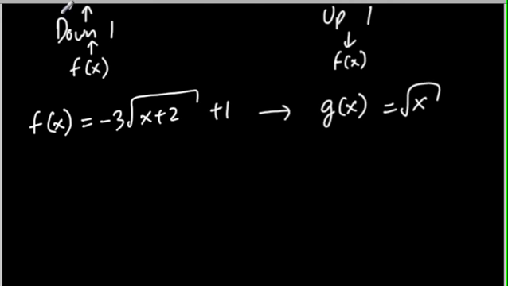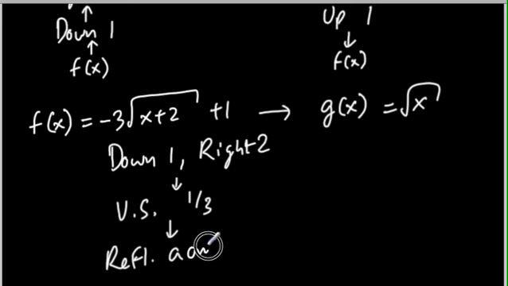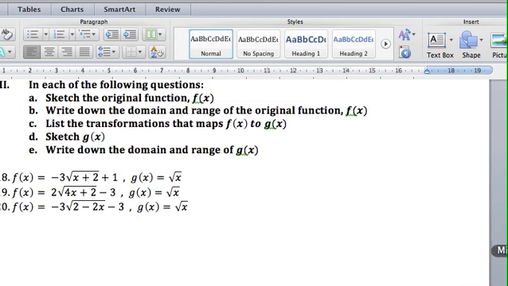So the steps are, we go down 1, right 2, followed by vertical stretch of 1/3. You're just doing the reverse process, and then followed by a reflection across the x-axis. All right. I'm not going to draw this. I think you guys can figure out how to draw that.